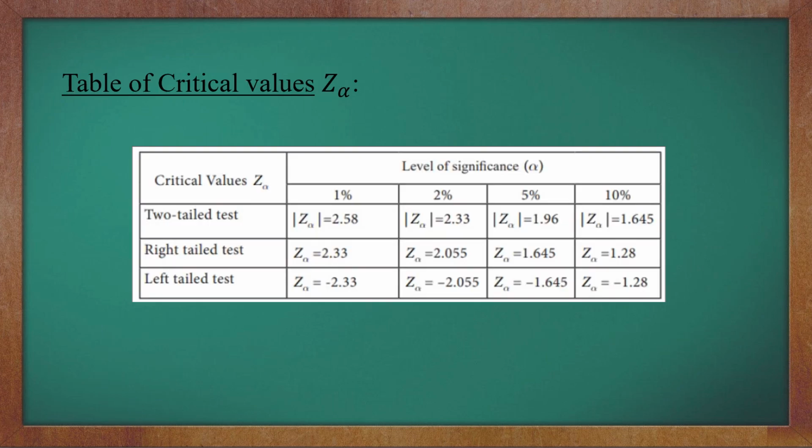Before the problems, I'm just giving an idea about the critical value. This is a table for the Z test, students. In my last video, I discussed the null and alternative hypotheses. In the alternative hypothesis, we have three things. For a single population, mu is not equal to a particular value, or mu is greater than a particular value, or mu is less than a particular value.